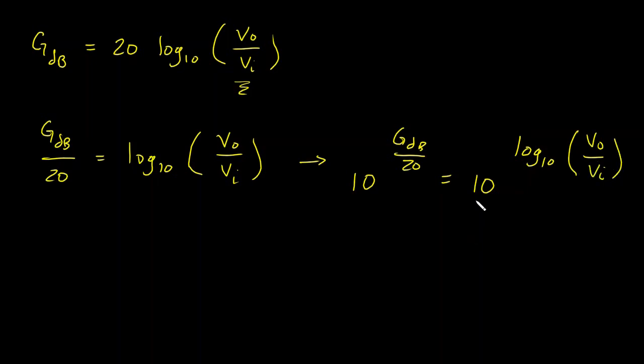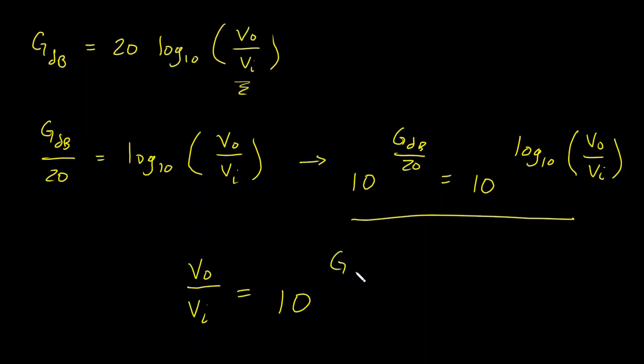And we know that if we have 10 raised to the power of the log base 10 of something, then we just get that something back. So that tells us then, taking this expression and rearranging it, we know that V out over Vn equals 10 to the power G sub dB over 20. And that's how we do it.